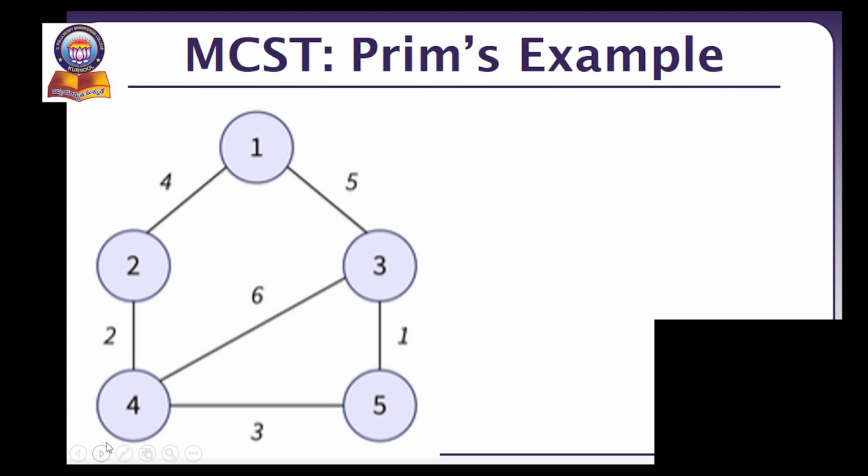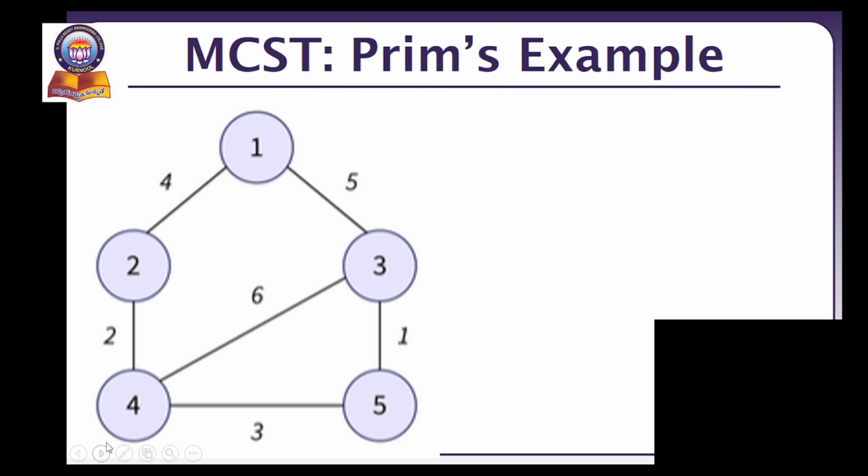As an example, consider a given undirected weighted graph, with edge 1 to 2 with cost 4, and similarly 1 to 3 with cost 5, and so on. How can this graph problem be solved using the minimum cost spanning tree method, that is Prim's algorithm?